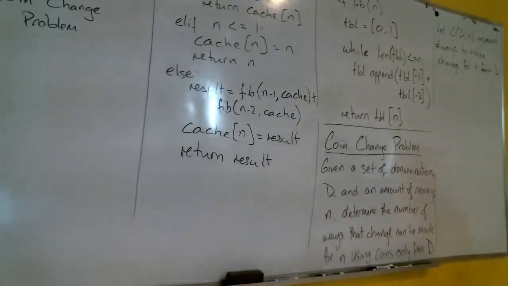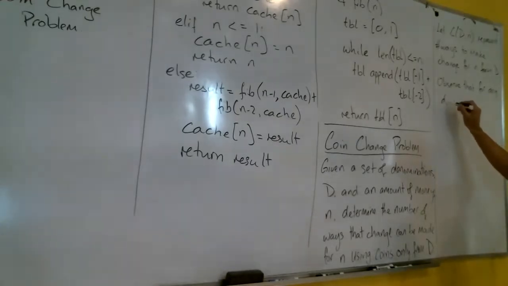All right. So let's say that is a particular coin. That might be the $5.